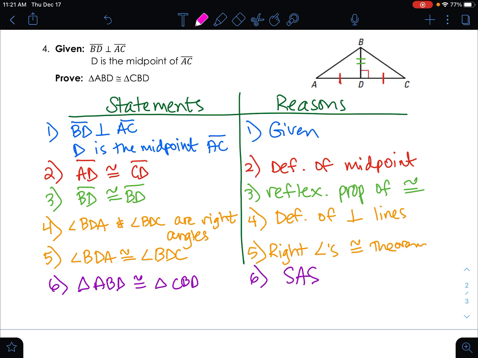But number 4, though, when I saw I needed SAS and I needed to show that the two 90s were the same, then I needed to establish, I'm going to put kind of brackets around these two lines. If I need to show that right angles are congruent, I'm going to have these two together in a proof because I need to establish how do I know that those are right angles, and then I need to establish that they're equal, okay?